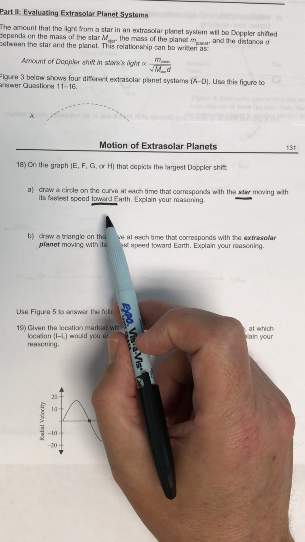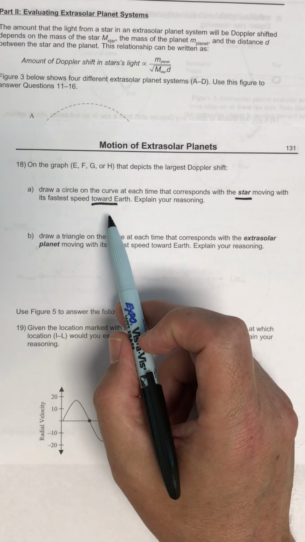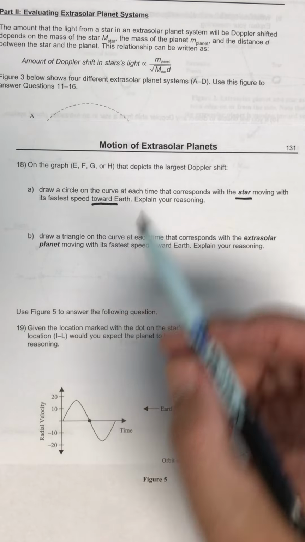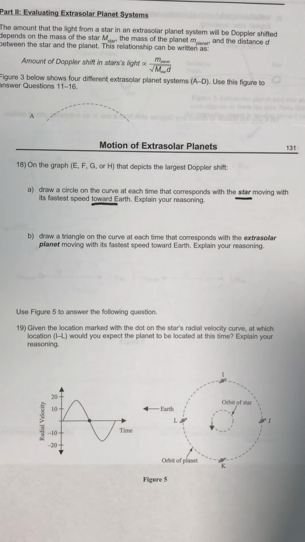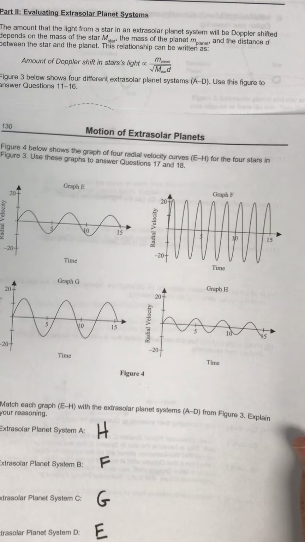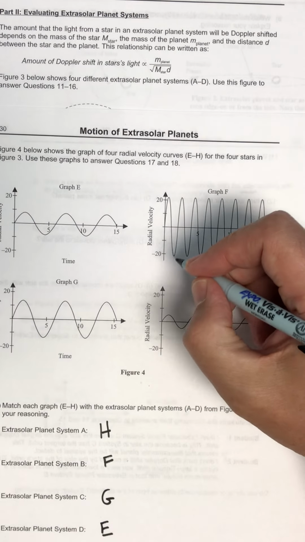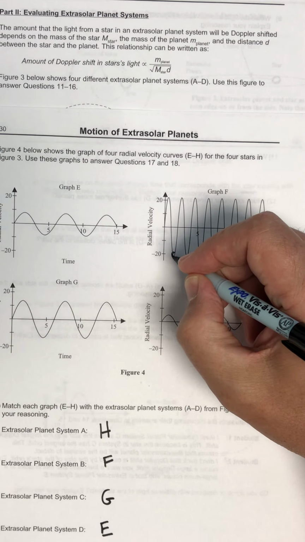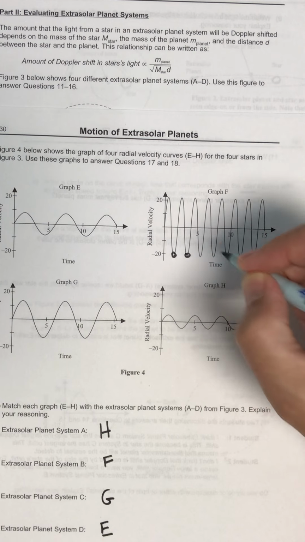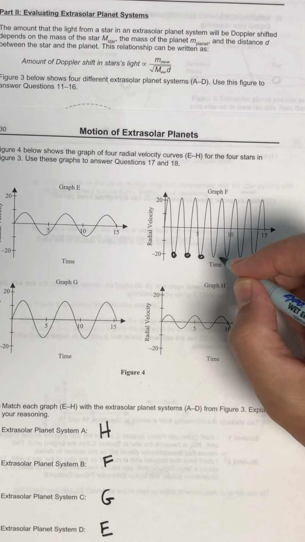So that is a blue shift, and moving towards us means you have the smallest velocity. So I'm going to draw circles for each of those.